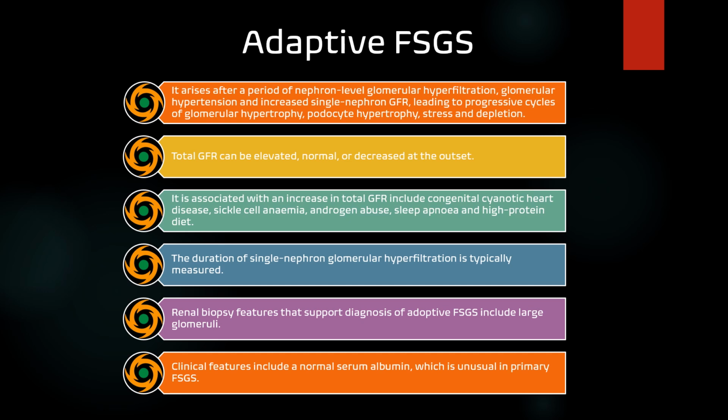Alongside this, there can be androgen abuse, sleep apnea, and high protein intake, which are all in line with adaptive FSGS as well.